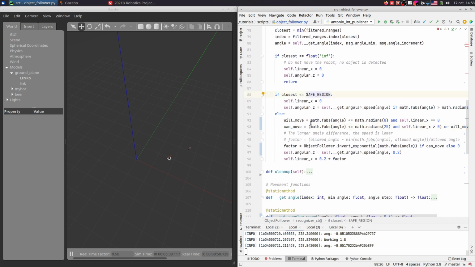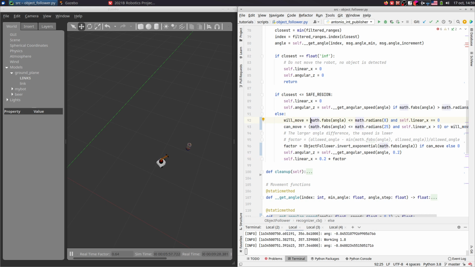If we are outside our safe region, the action that will be required is to move our robot. We can move our linear X, and also we can have an angular movement. As you can see here, we have an angular movement, and the robot will start to move slowly. We have a simple algorithm that detects if the robot was moving.